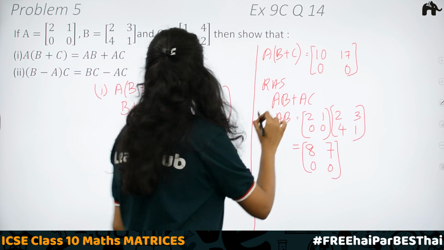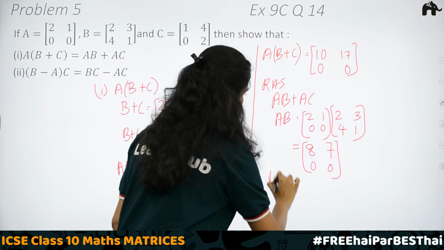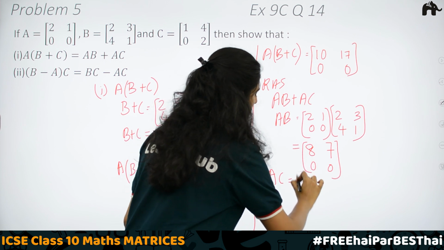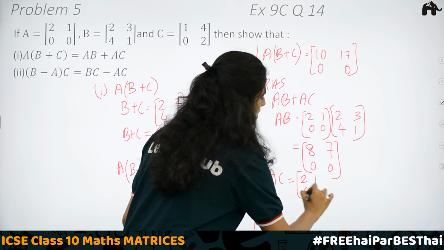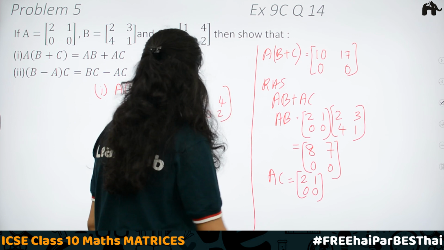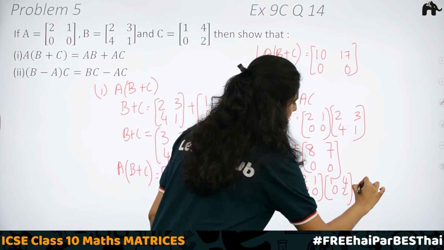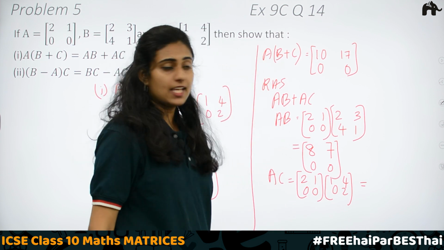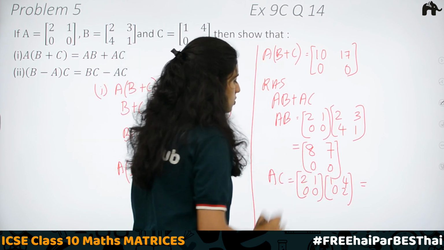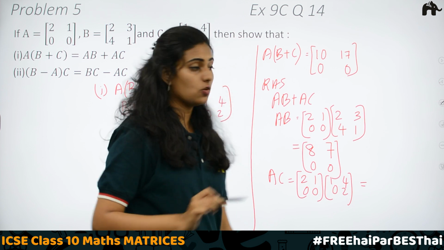Next, to find AC. AC will be equal to matrix A, 2, 1, 0, 0, into matrix C, 1, 4, 0, 2. Multiplying the elements: 2 into 1, 2. 1 into 0, 0.